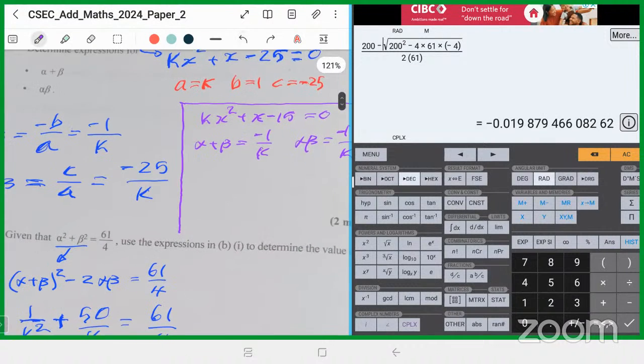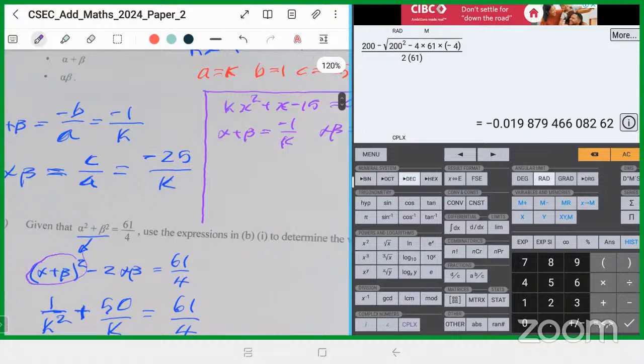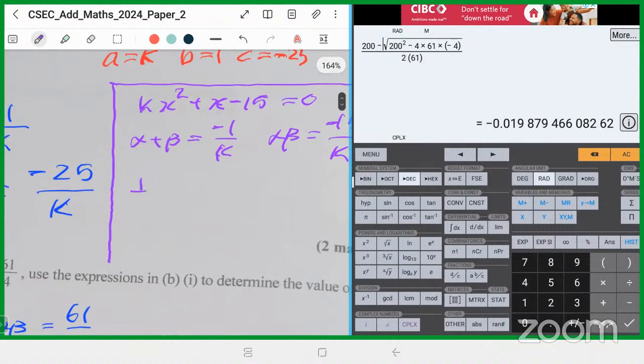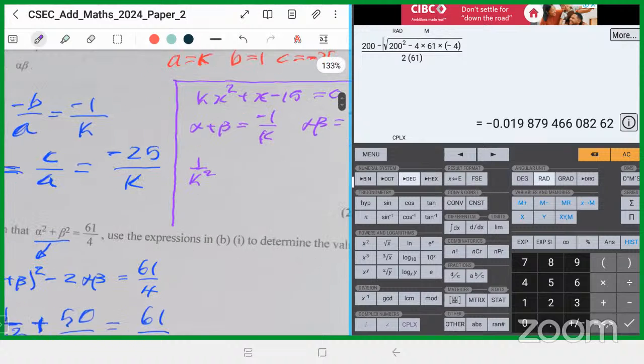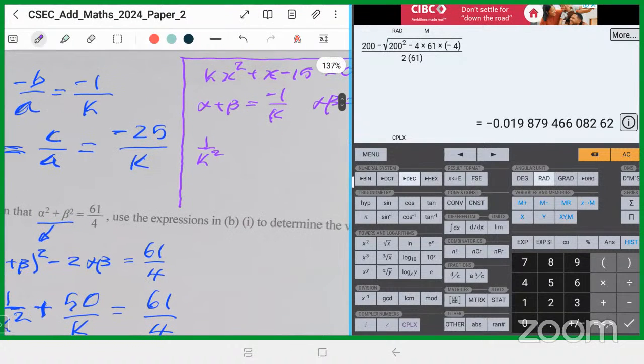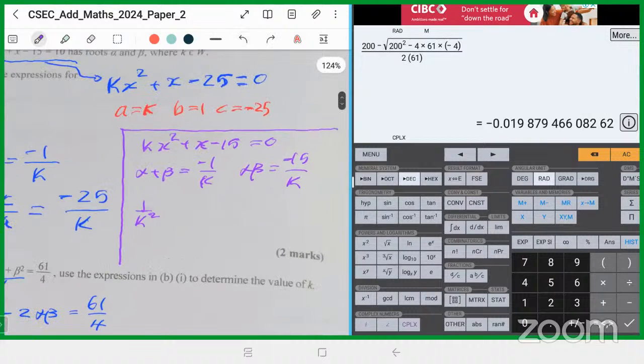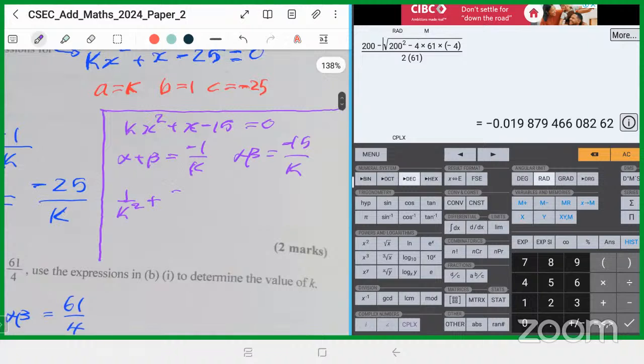So let's put what we would have had. This term squared would have been this squared just the same, 1 over k squared. And then I would have been doing negative 2 times this, which becomes a positive 30 over k, plus 30 over k.